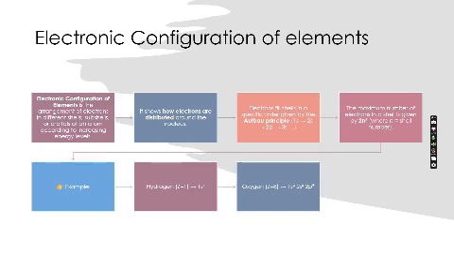Electronic configuration of elements. Electronic configuration of elements is the arrangement of electrons in different shells, subshells, or orbitals of an atom according to increasing energy levels. It shows how electrons are distributed around the nucleus.